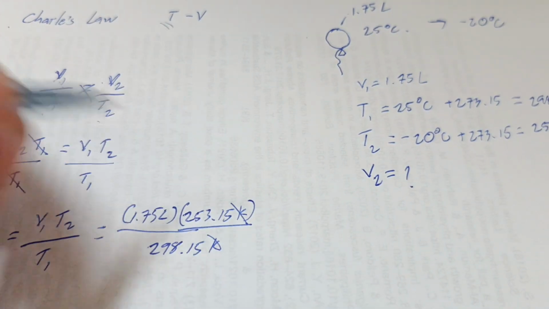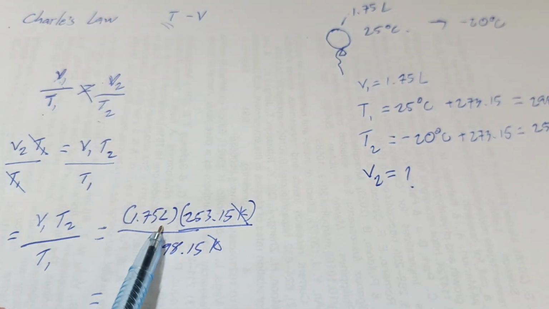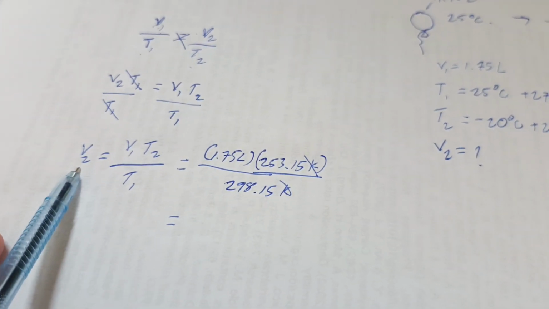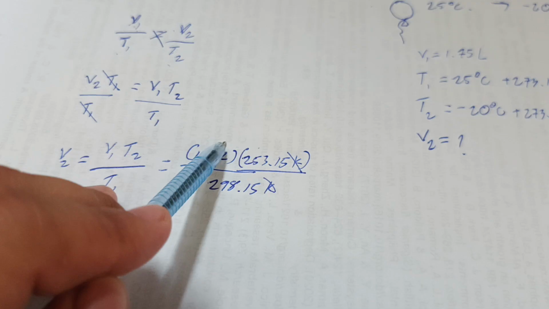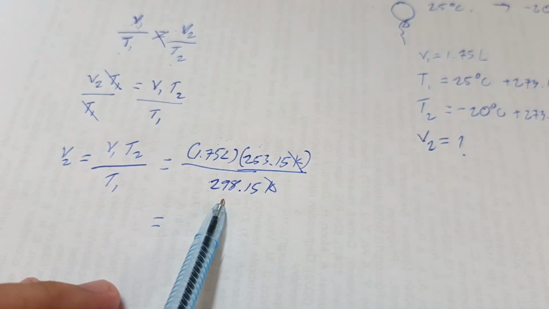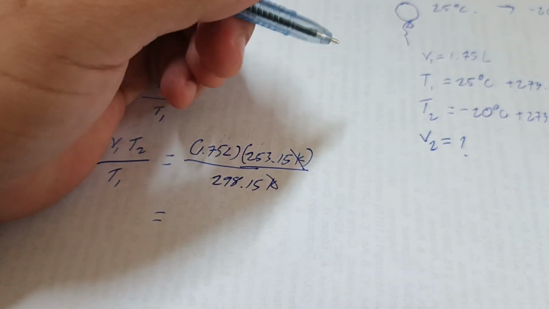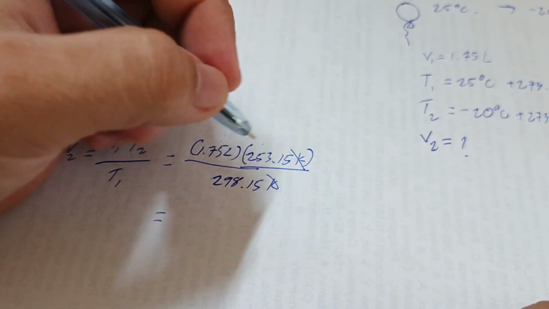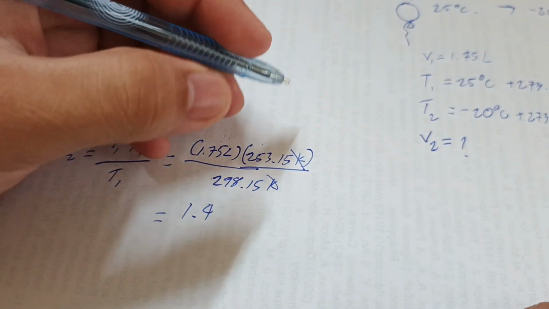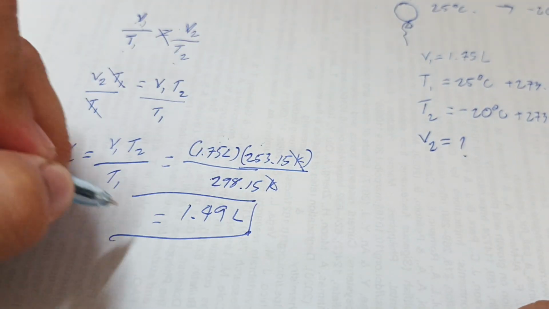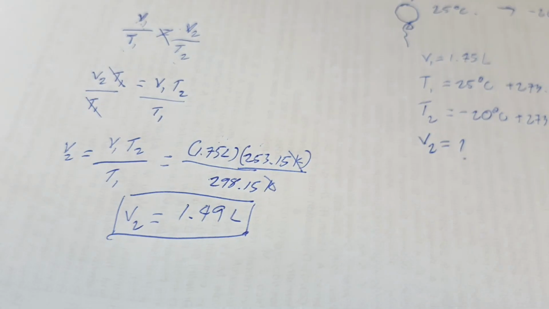We cancel the Kelvin units, and you arrive at liters, which is the unit for volume. Multiply these numbers and divide by the denominator, and you arrive at around 1.49 liters. This is now your final volume.